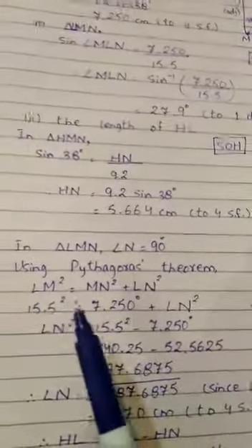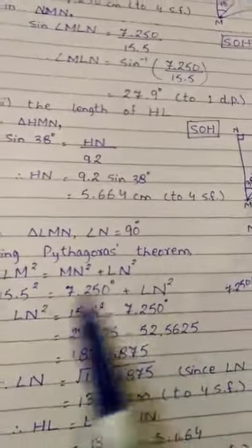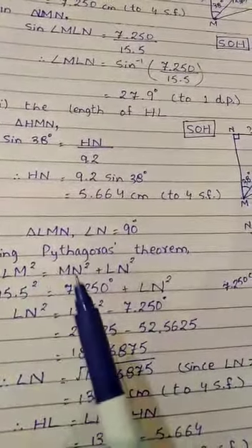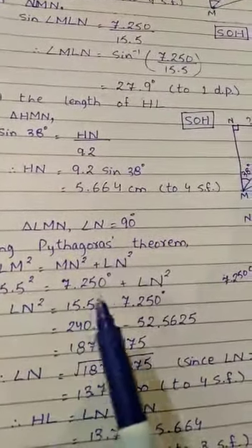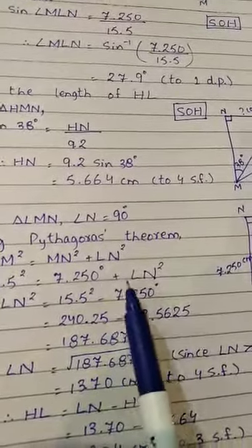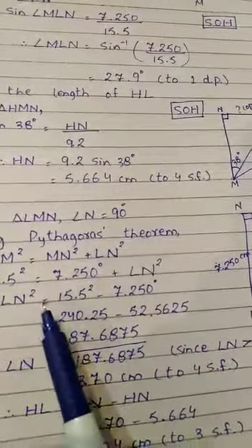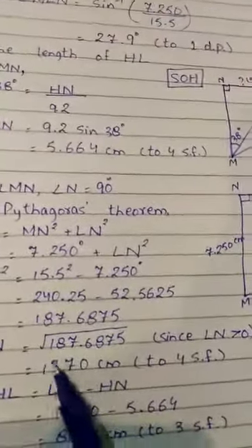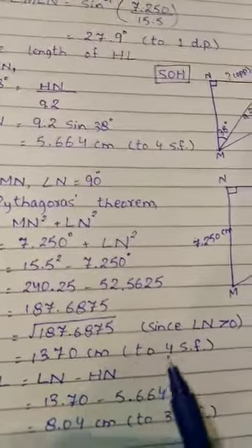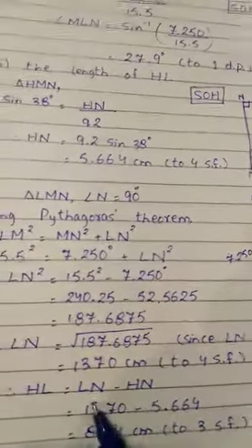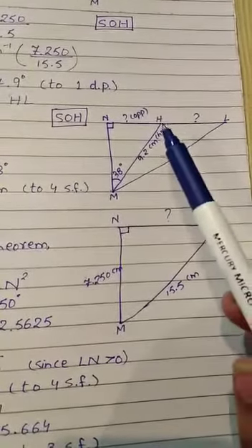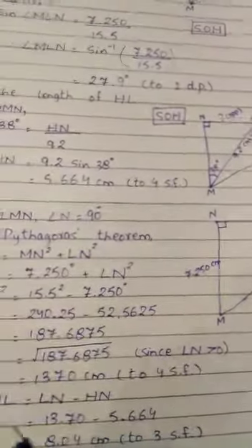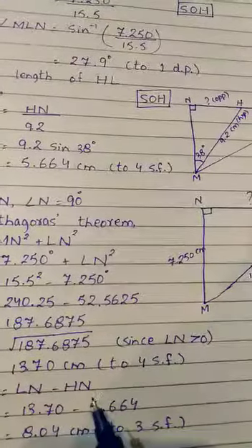If you have two sides, you can easily find the third side. Using the Pythagoras theorem, LM squared is equal to MN squared plus LN squared. 15.5 squared is equal to 7.250 squared plus LN squared, and then LN is equal to 13.70 centimeters to 4 significant figures.